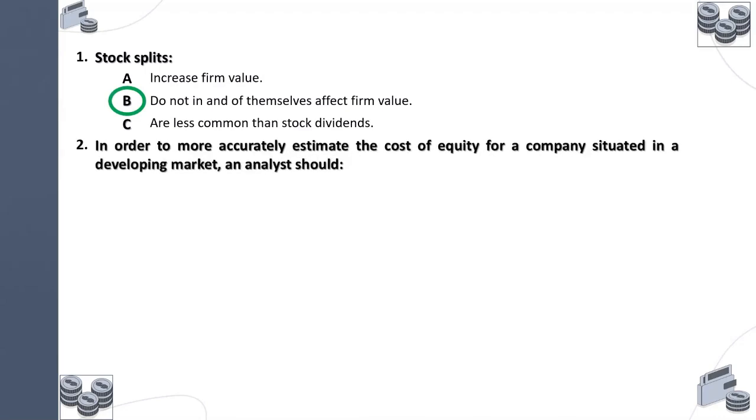Question 2: in order to more accurately estimate the cost of equity for a company situated in a developing market, an analyst should do the following. Normally we calculate the beta using the capital asset pricing model as a measure of risk specific to that company.